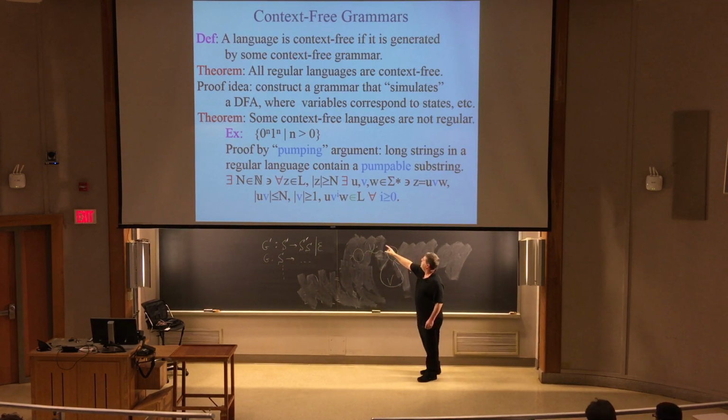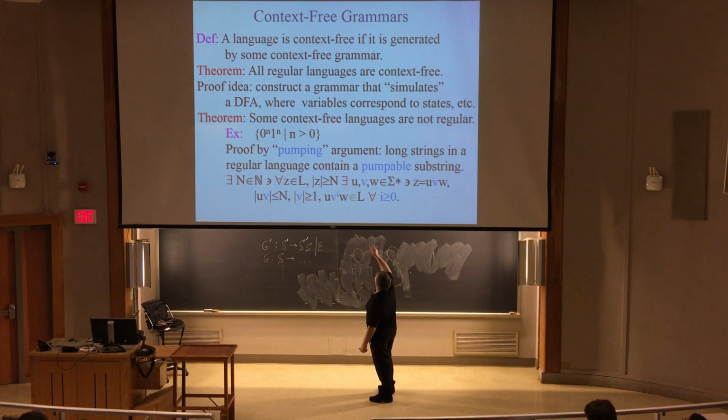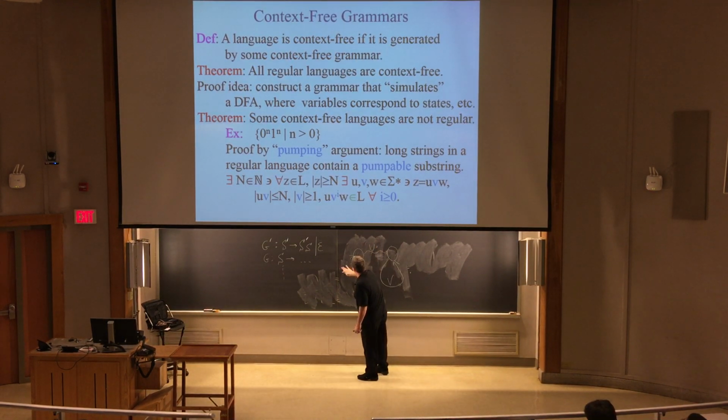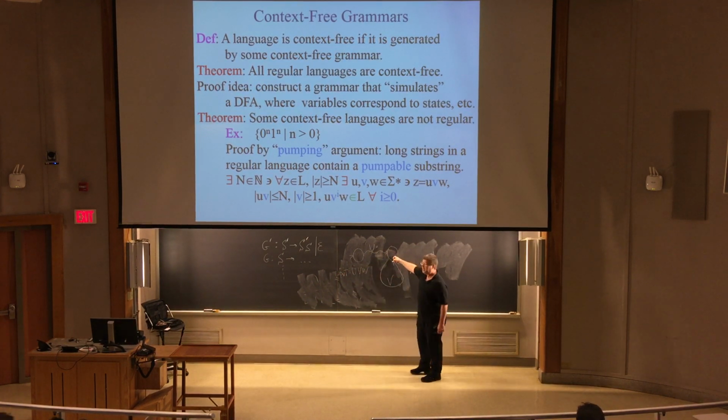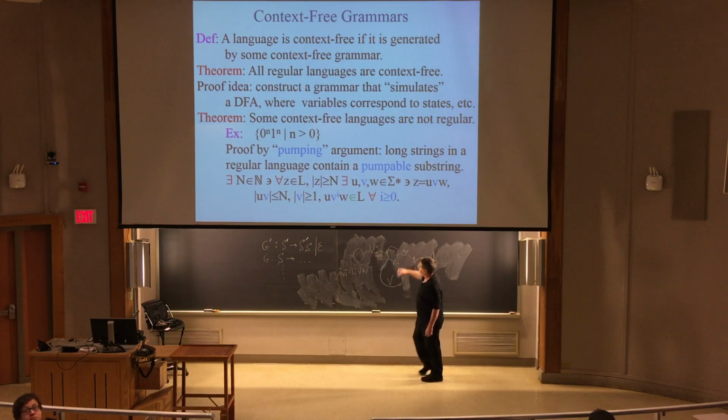But there's a substring u, so w is made of three parts, u, v. I want to make sure I use the same letters: u, v, w. Okay, so the input is u v w. U caused it to get to some state which then cycled, which then caused it to get to some final state, and this piece here we call w.